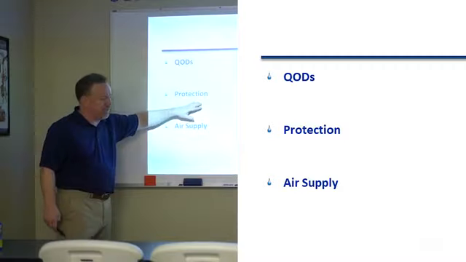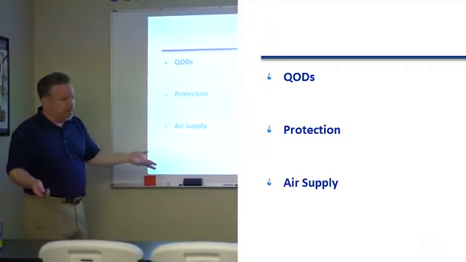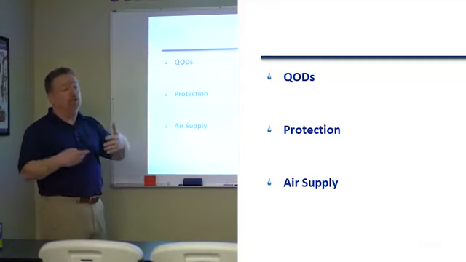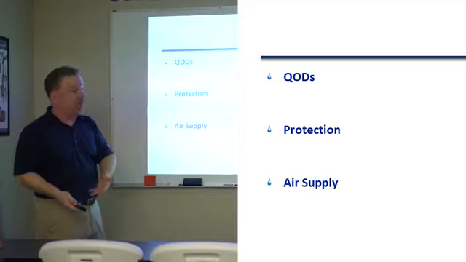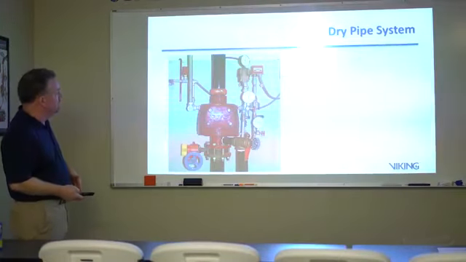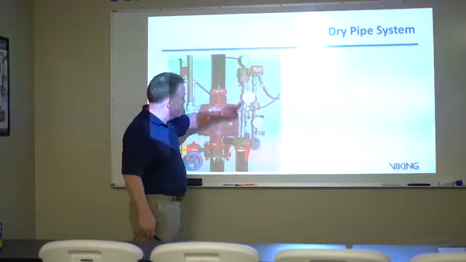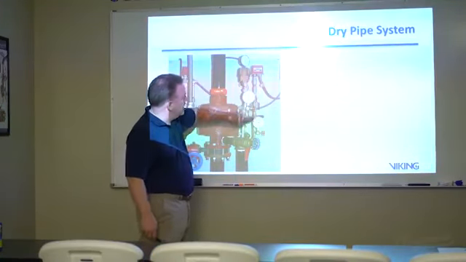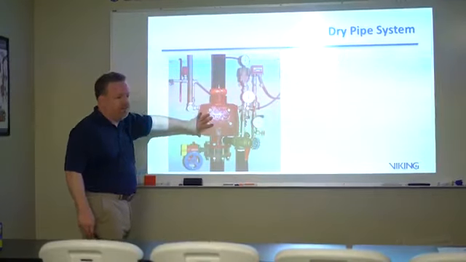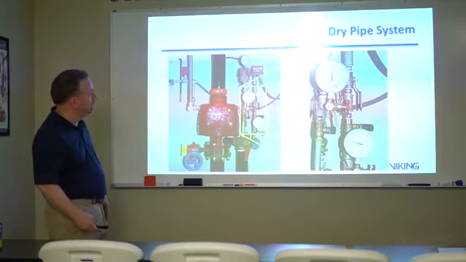We talked about the protection of the piping or the area, and we also need to provide a level of air supply pressure to keep the valve closed: a differential dry pipe valve. In this particular case, this valve has a setup here, and as I told you before, these gauges will tell the story of this valve and its arrangement and settings.